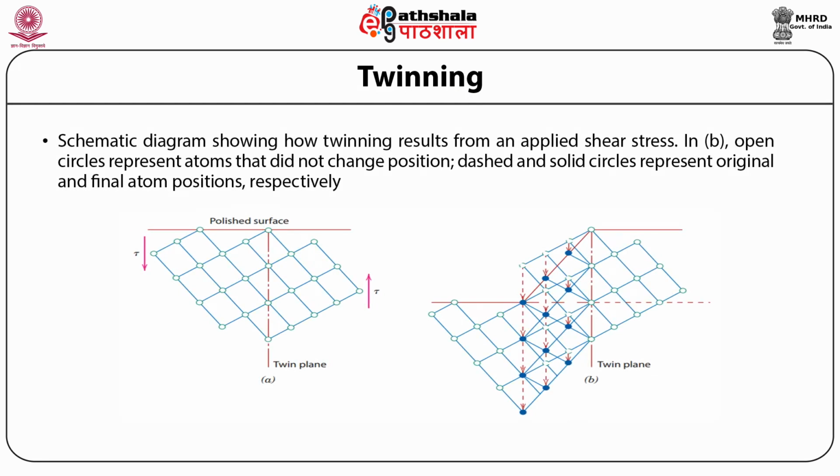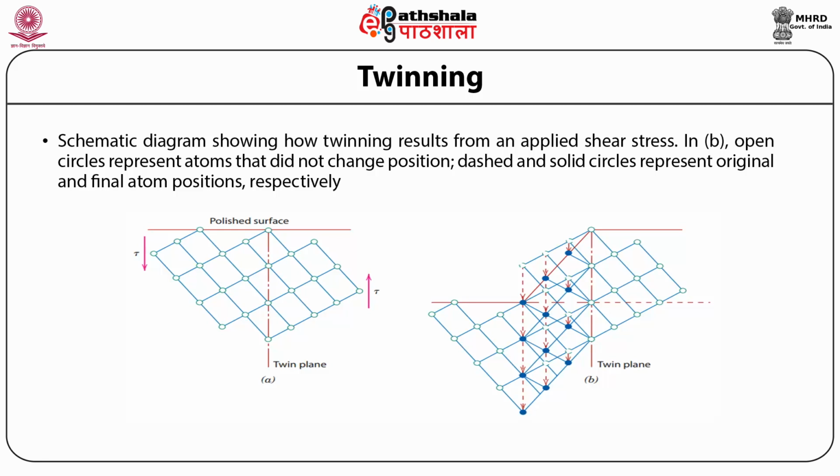Here the figure consisting of two parts A and B is the schematic diagram showing how twinning results from an applied shear stress. These two figures show the twinning resulting from the shear stress.